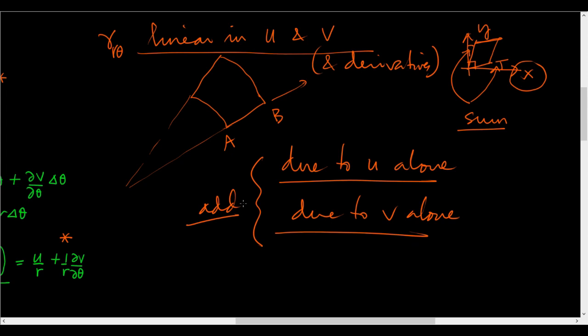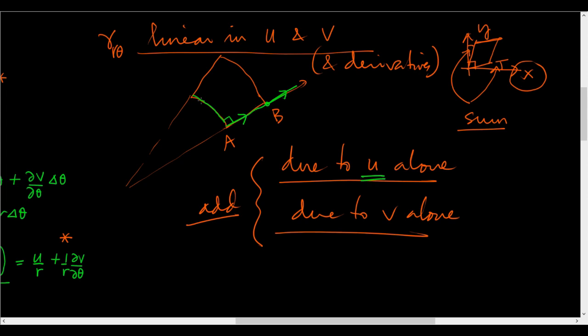Very good. The part due to u alone is easy because this one doesn't change. We are interested in this angle, so we are only interested in the rotation of this part. This point moves in this direction because we are doing u alone, and so this angle doesn't change.